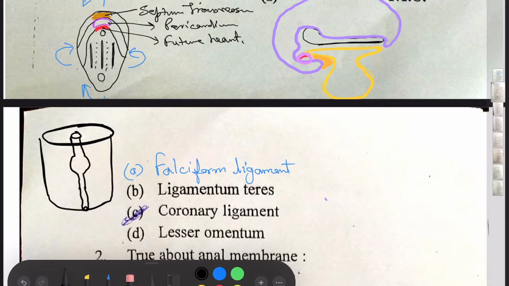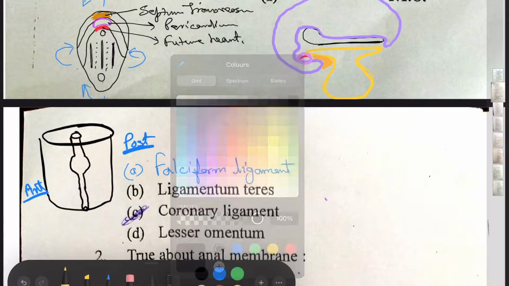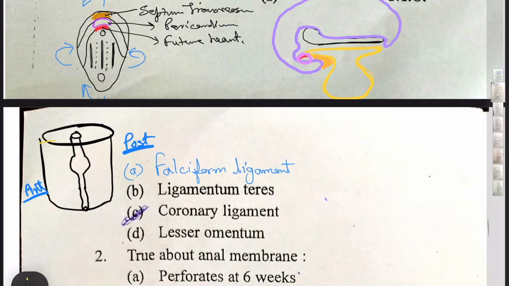And you know that in the foregut portion, let's say this is the anterior and this is the posterior end, right? So this foregut has a mesentery attached to the anterior parietal peritoneum. It is also connected behind to the posterior parietal peritoneum, like you have this peritoneum surrounding.